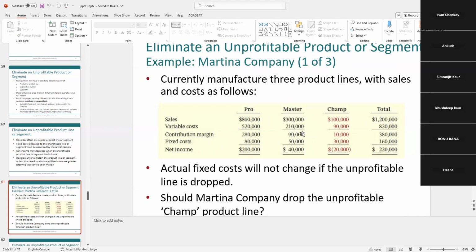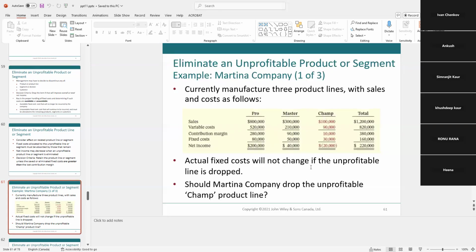If you look closely, Champ is making $10,000 contribution margin, but after that, we have fixed costs which are greater than the contribution margin. Now the question is, shall we drop this Champ product line?